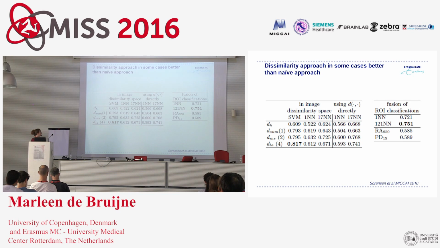If we use KNN in the dissimilarity space, it does not work that well in many cases. But if you train a linear classifier in the dissimilarity space, which can be quite high dimensional, this was a linear SVM, then it performs quite well and better than the naive approach. But this is very, very data dependent.